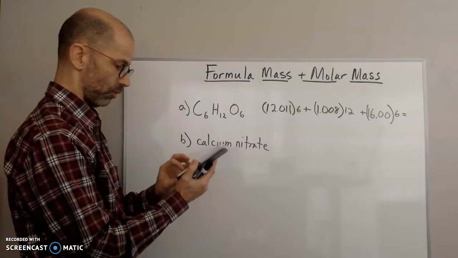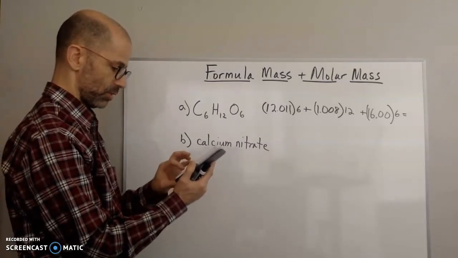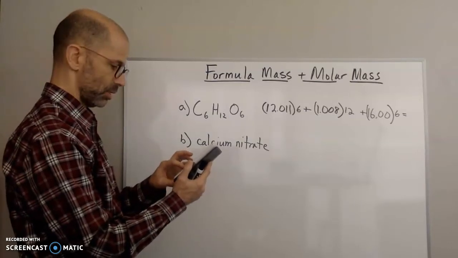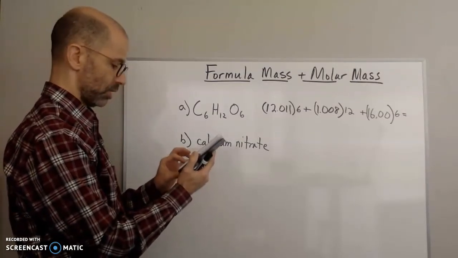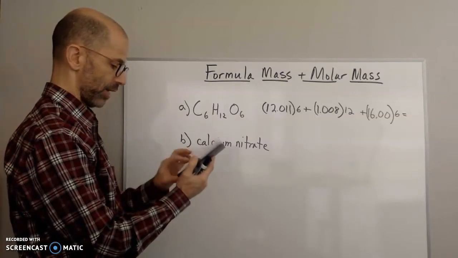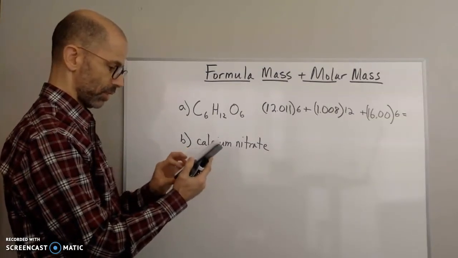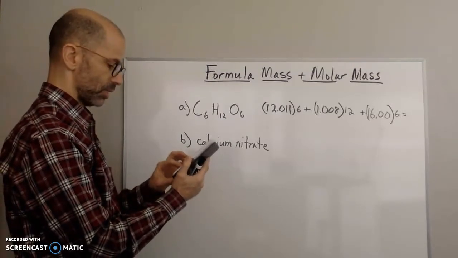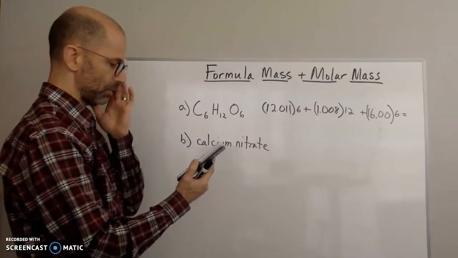So 12.011 times 6 plus 1.008 times 12 plus 16 times 6 equals, oh, that's much better.